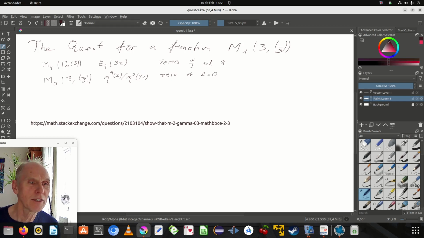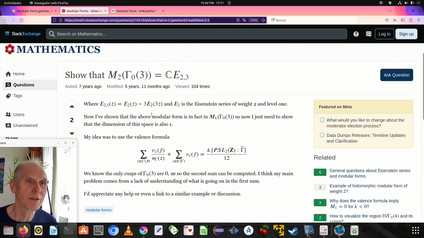Next, I went to the net, I have the address here, and found this. It's very easy to verify that this function is a modular function of level 1 and weight 2. And then the formulas I derived actually have a general form, and it did become something of an industry at the end.